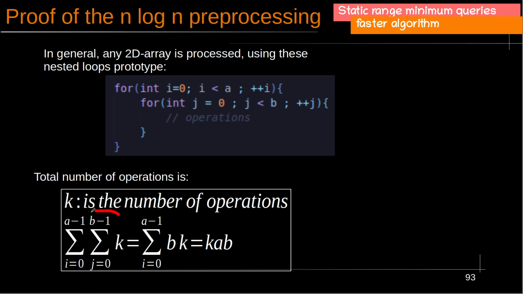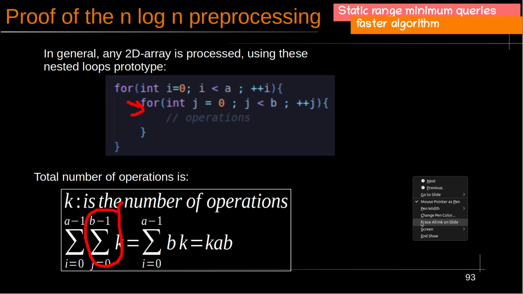For the inner one, from 0 to B minus 1, we have B minus 1 minus 0 plus 1 operations, so we have B operations. So we can say that we have BK operations for the inner loop.